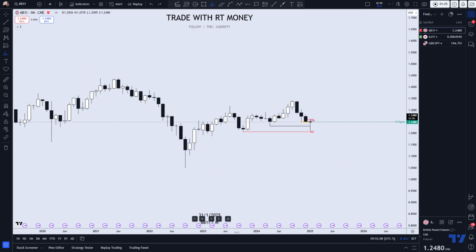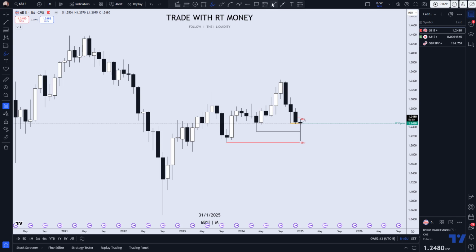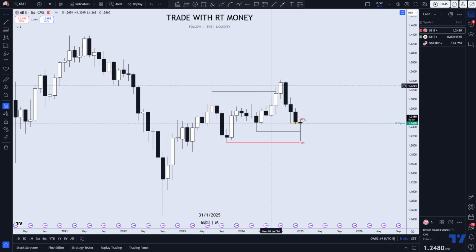If we take a closer look, you can see the shift here, and then the pullback. Now, when I see a market structure shift, I'm looking for price to come back into an area of demand.